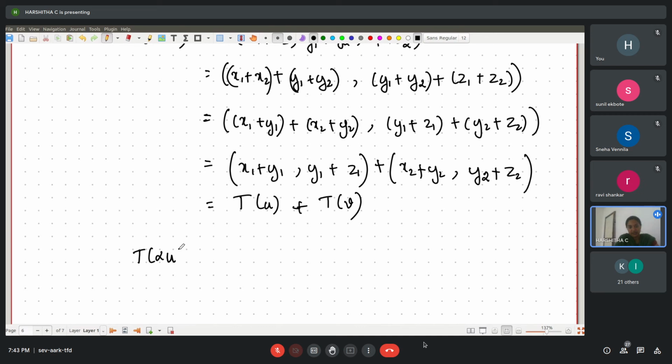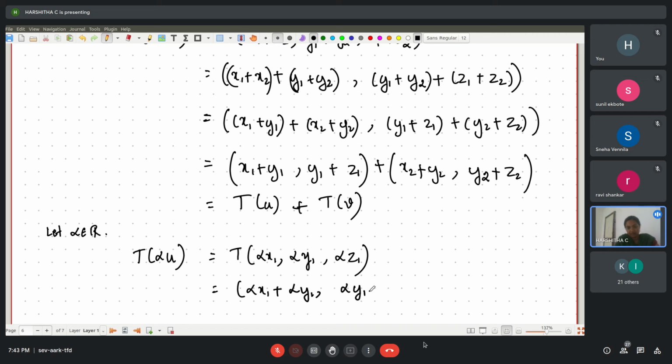Next, we will verify T of alpha u. So this will be T of (alpha x1, alpha y1, alpha z1), and this is (alpha x1 plus alpha y1, alpha y1 plus alpha z1).